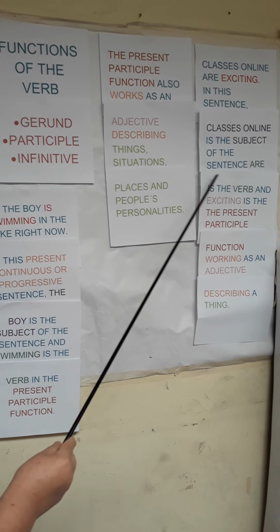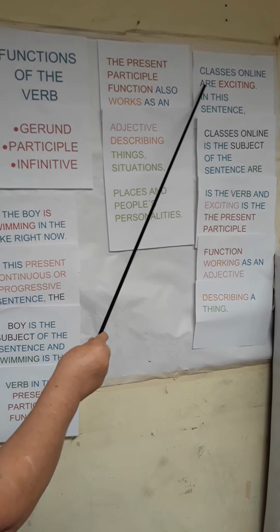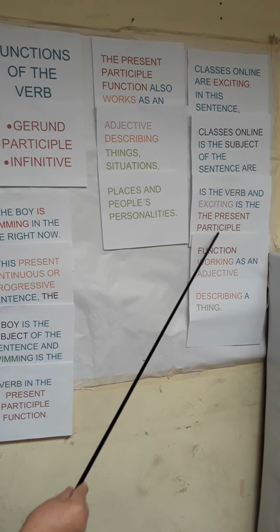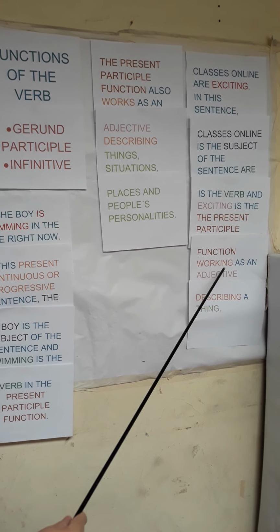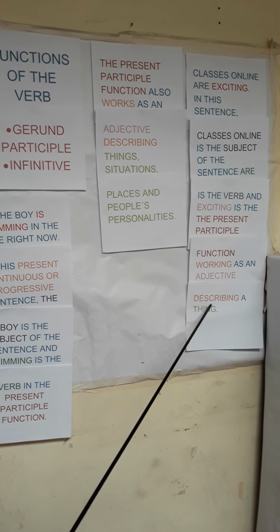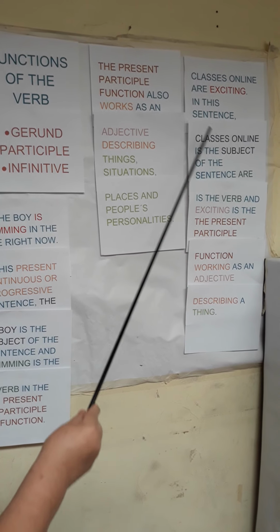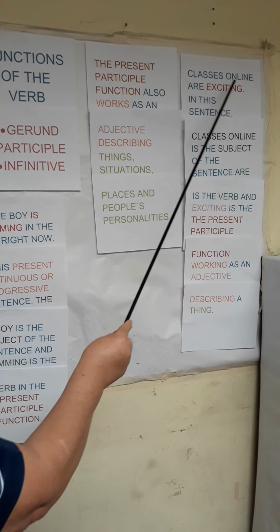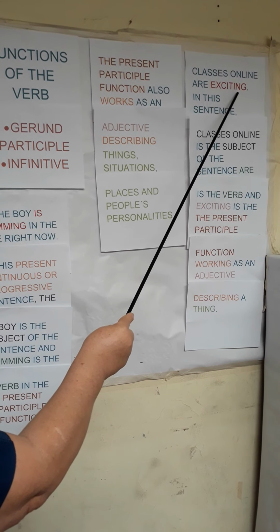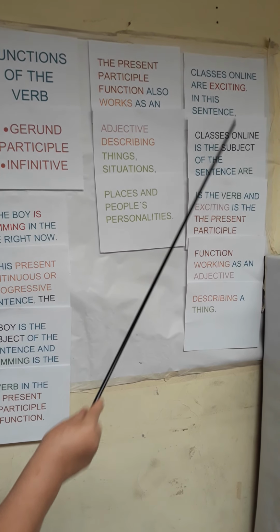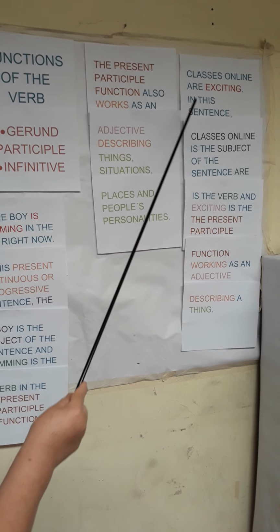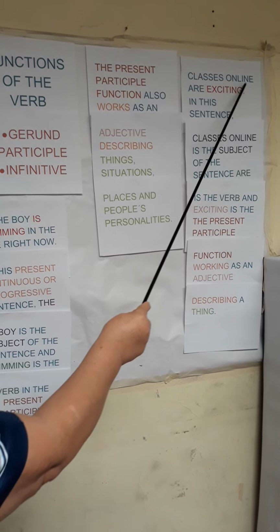And are is the main verb. And exciting is the present participle function, working as an adjective, describing a thing, the classes online. So as you can see, it is a verb, but it's not working as a verb. It's working as an adjective because it's describing a thing, classes online.